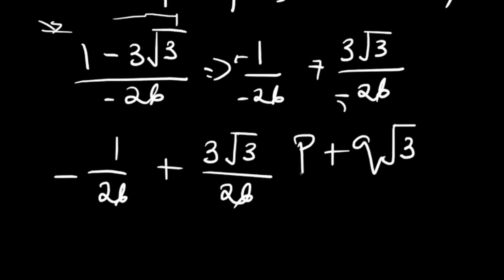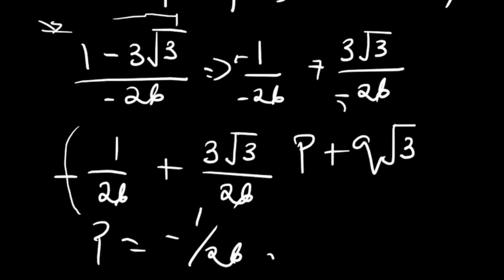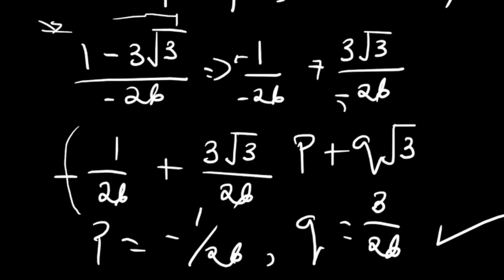And the number that comes before is our P. So you can see here is our P. When we compare this to what we were given, we can see that our P is equal to minus 1 over 26. And then our Q is equal to the number attached to the root 3. Have you seen it here? Our Q is attached to the root 3. So this now becomes 3 over 26. And this is our solution.